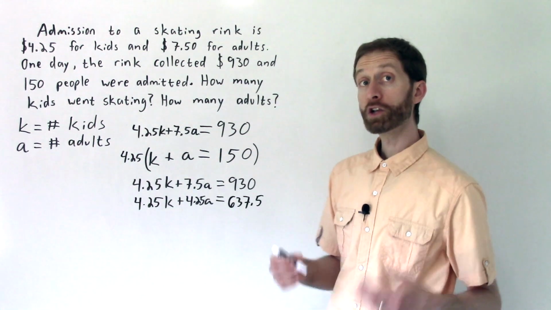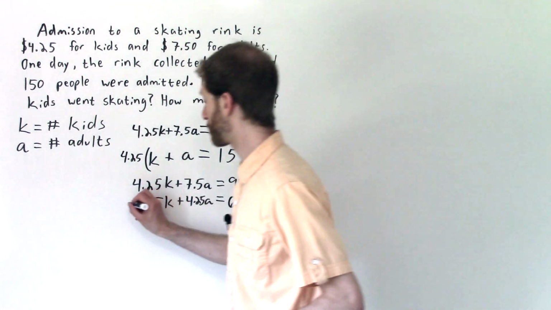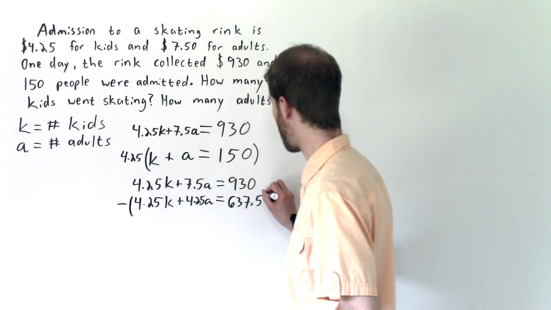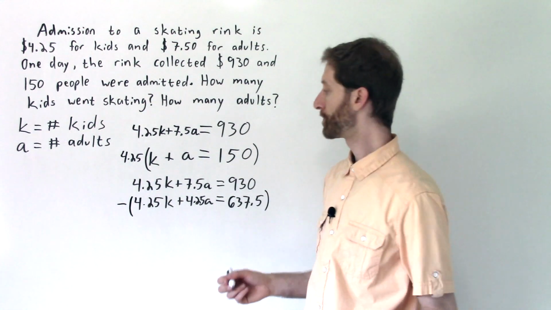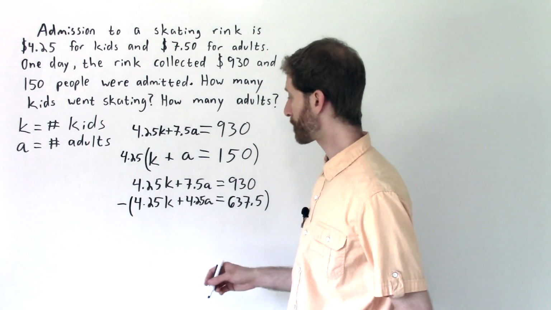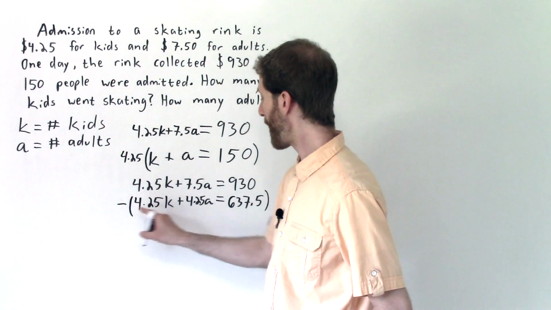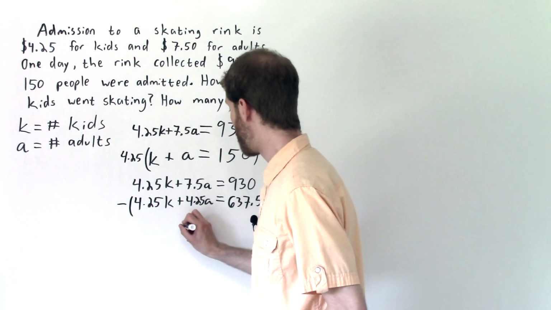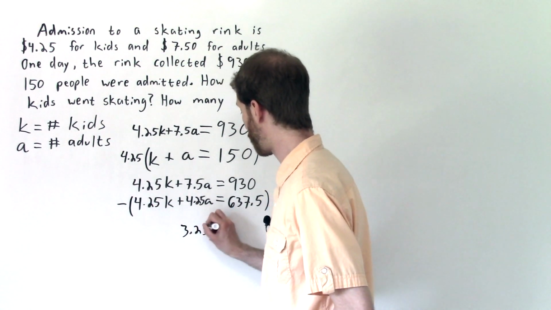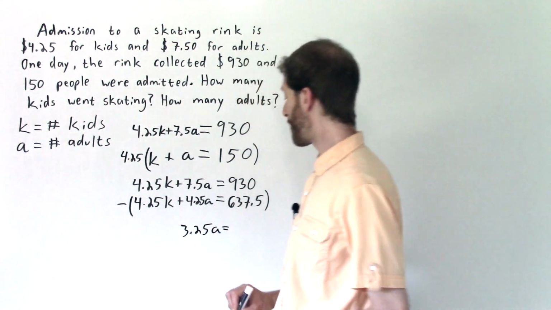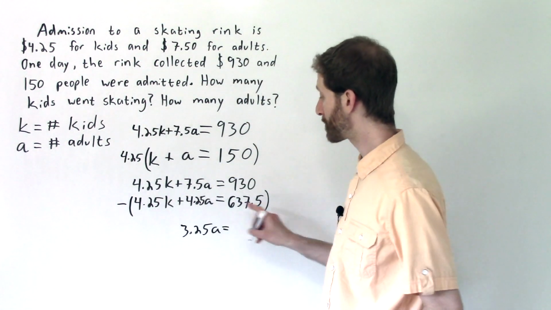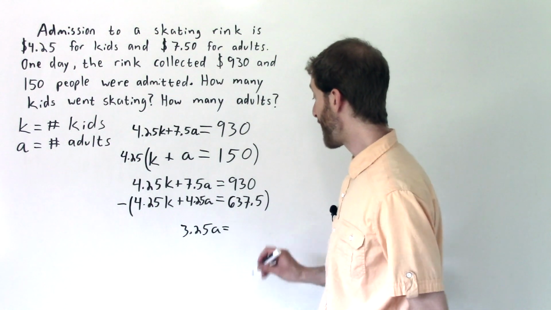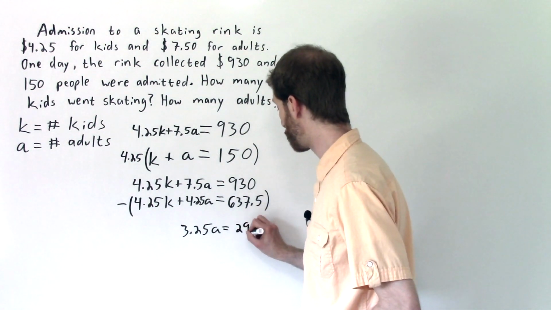So now from here, to eliminate the K's, I need to subtract. So don't be scared off by the decimals. You have a calculator to handle that if you need it. Subtract out the K's, they cancel. 7.5 minus 4.25 is 3.25A. And that's equal to 930 minus 637.5, and that's going to be 292.5.